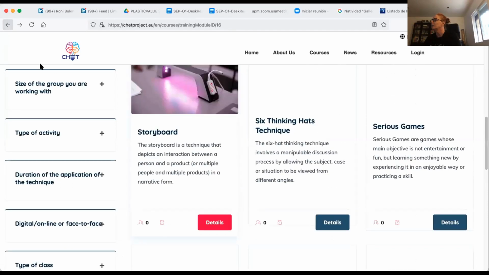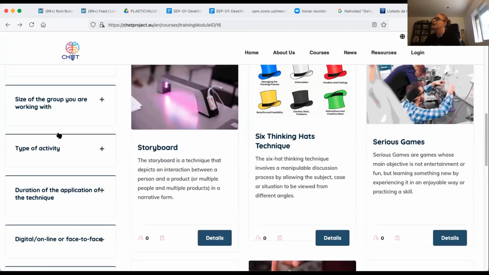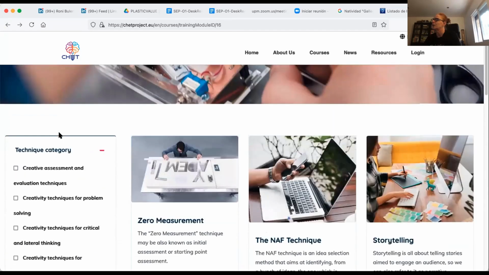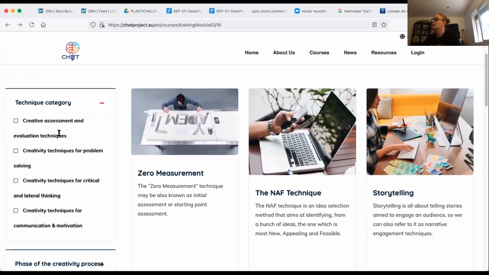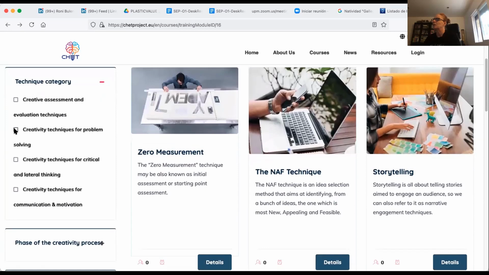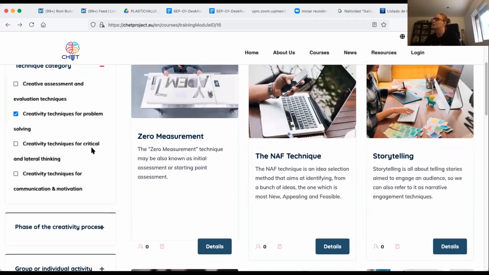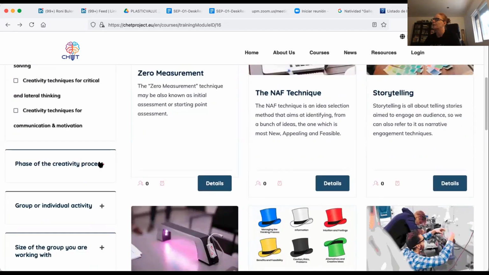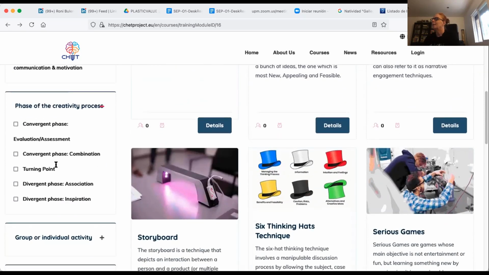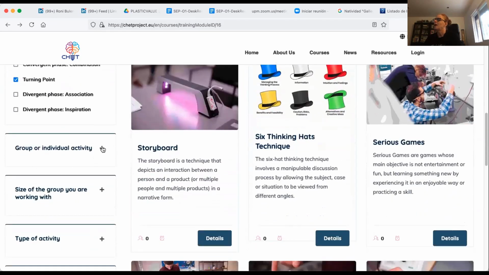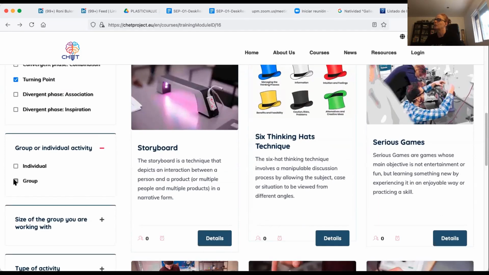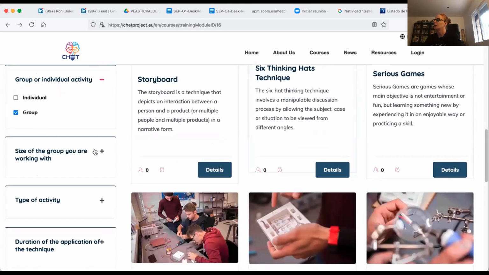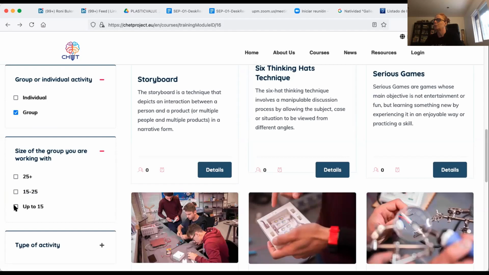So you can either scroll through the techniques, but as you can see here on the left-hand side, you can say, I want the following category. So I now want the creativity technique for problem solving. I want a turning point one. I have a group, which is its group. And the size of my group is up to 15.